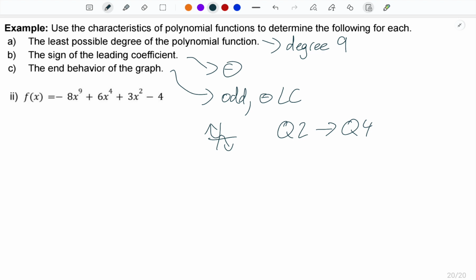And then there's some other little things like the number of local minimums and maximums and looking at the intercepts and what's happening with those in terms of the order of each of those intercepts. So a lot of little things in there, but hopefully each of the little things is actually fairly straightforward. You just need to do some practice to get used to it.